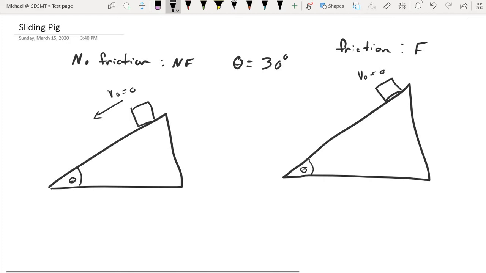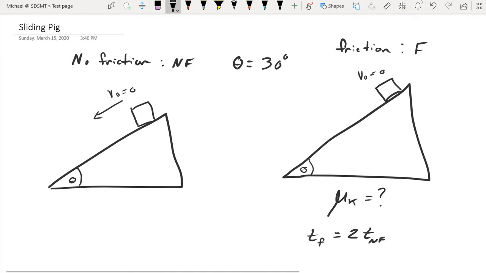What they want to know is, in the case of the friction slide, what is the coefficient of kinetic friction, if it takes twice as long for the pig to travel down the friction slide as it does the non-friction slide.